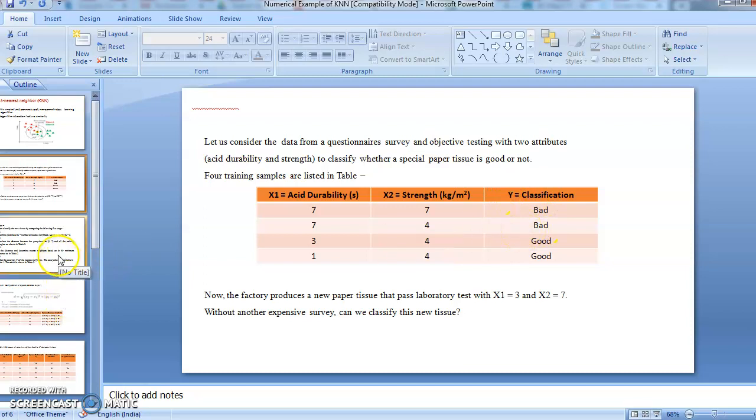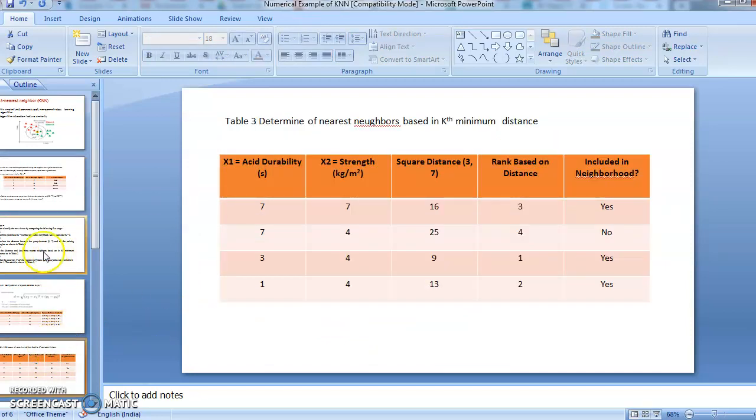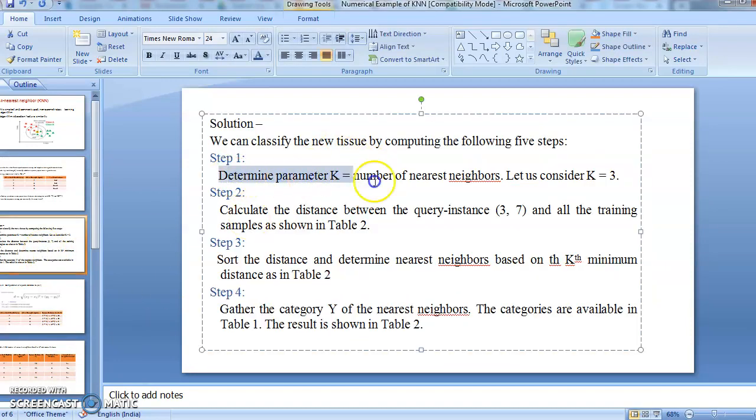Let's see the example so that you can understand the concept very well. In this example, this is the unseen data, that is x1 is 3 and x2 is 7, and you have to find the class of this particular paper. According to the first step, we determine the parameter, how many nearest neighbors you are going to consider.